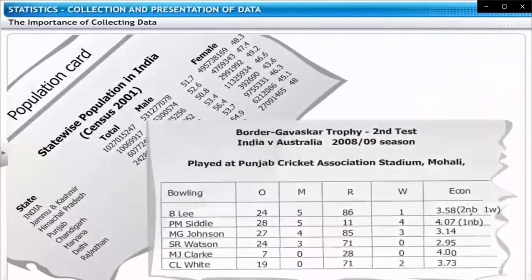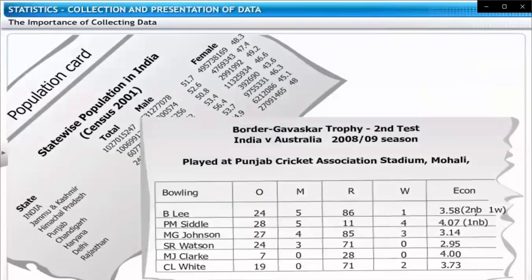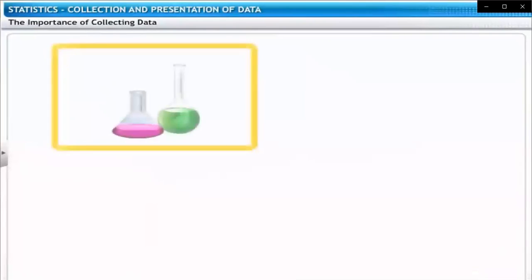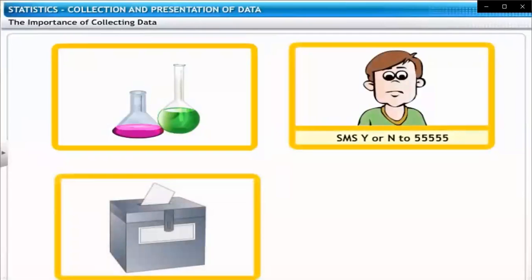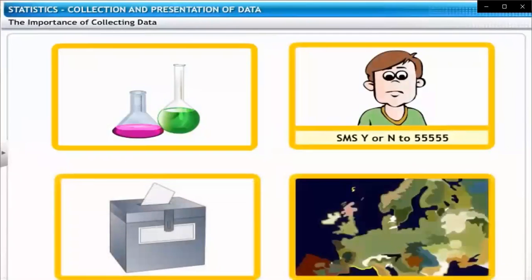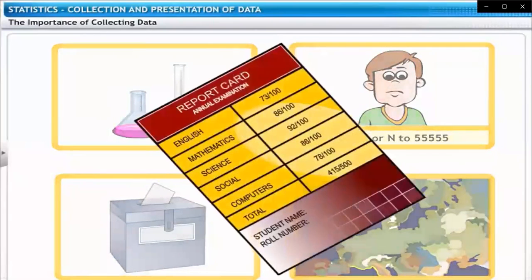Data is not just about population; a lot of data can be collected from raw sources, for example, through opinion polls, election results, then satellite images, and much more. So various ways are there in which we can collect the raw data.